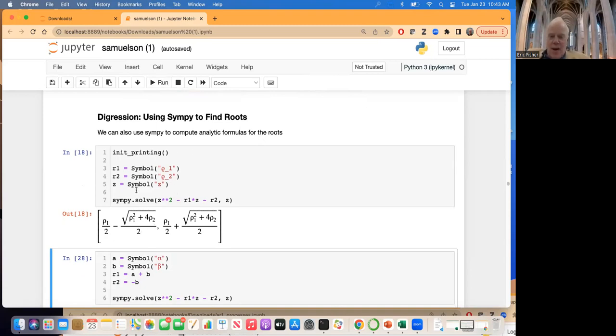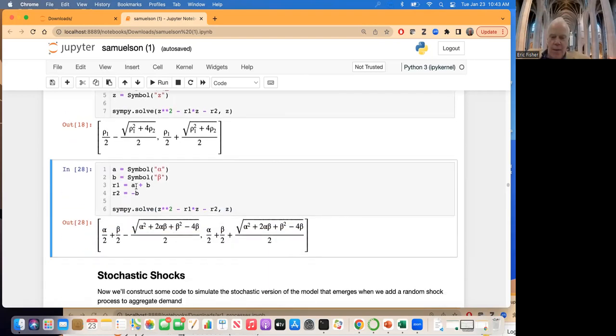Big, strong guy. All right, so it says solve z squared minus r1 minus r2, solve it for z, and it gives you the quadratic formula right away. So it's beautiful because if you don't like doing algebra, SymPy will do the algebra for you. Now I'm going to use some symbolic notation, and symbolic algebra Python will do it for you.